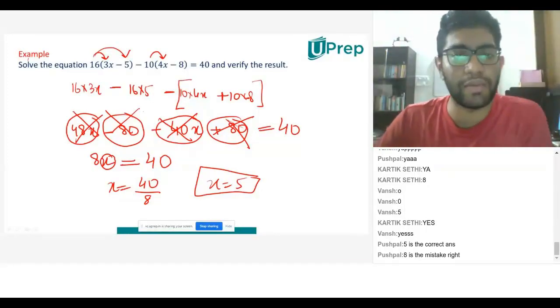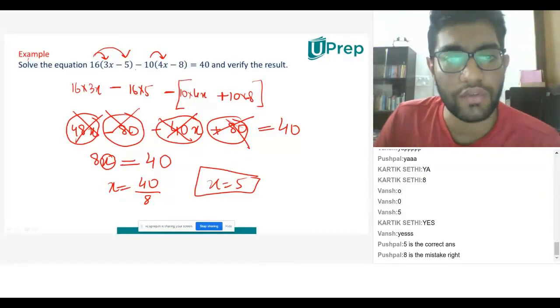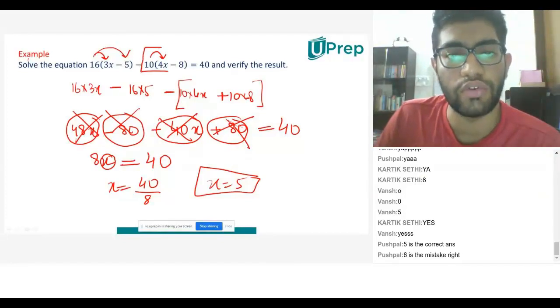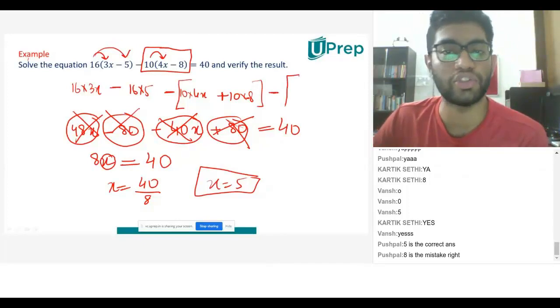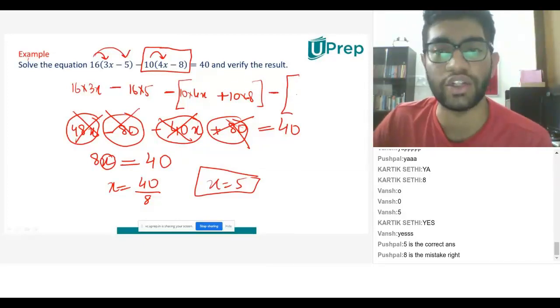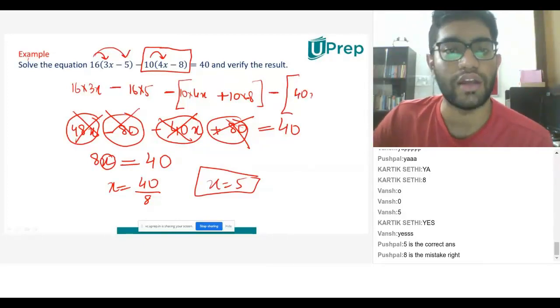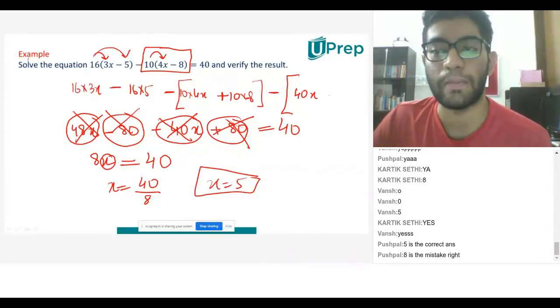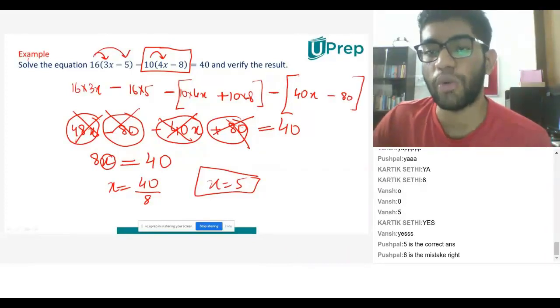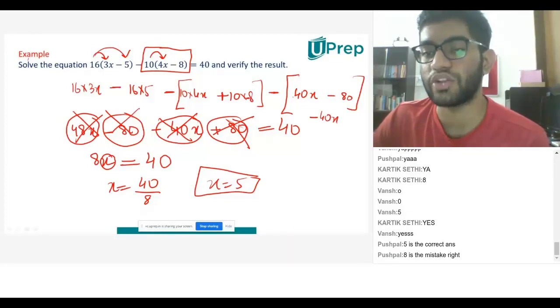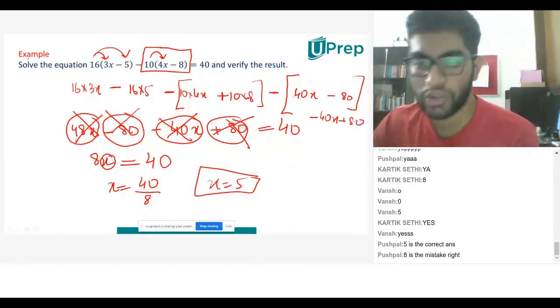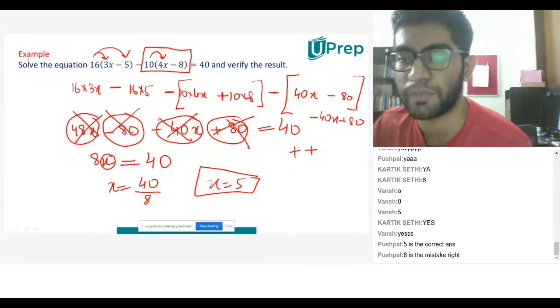See, let me make it a little easier. When you have this part to solve, put the minus outside, guys, and put a huge bracket and do what is there inside. 10 into 4x is 40x and 10 into minus 8 is minus 80. Now open it up. Minus into plus is minus 40x. Minus into minus is plus 80. You guys know that plus into plus is plus.